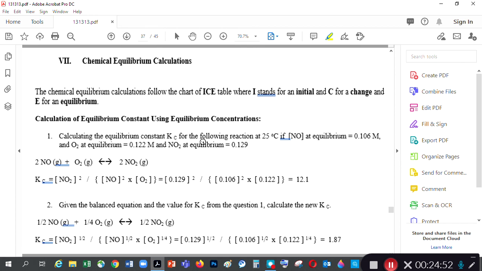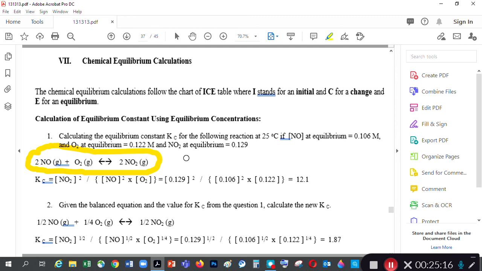So let's look at one of the examples here. We have this equilibrium: nitrogen monoxide with oxygen gives you the brown gas, nitrogen dioxide. NO is colorless, but when you add oxygen to it, it turns into the brown gas nitrogen dioxide.